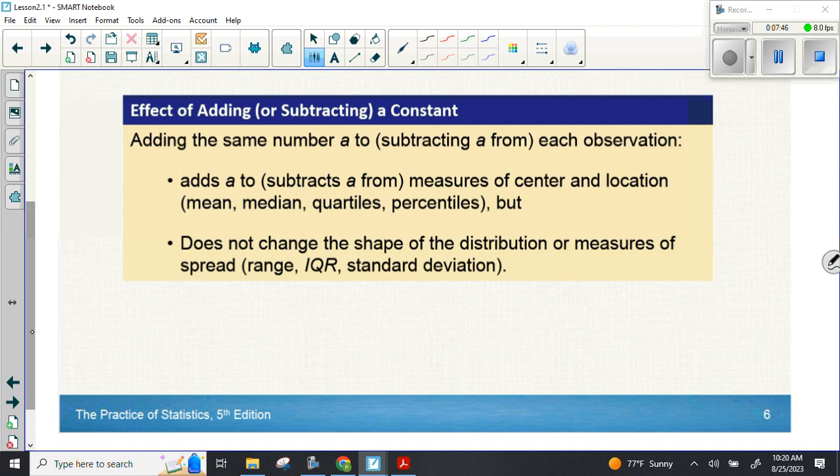And we're talking about adding something to every value in your data set, not just one. So that's going to add or subtract depending on what you're doing.